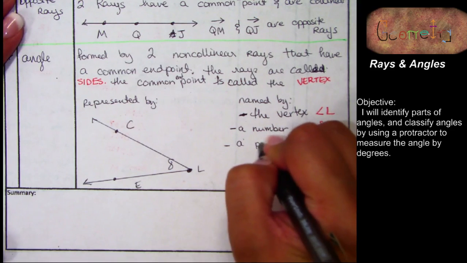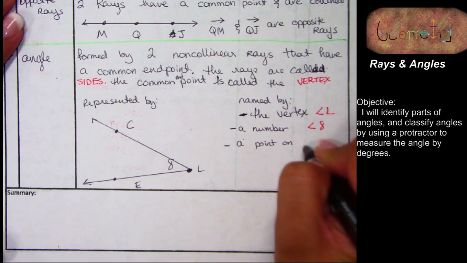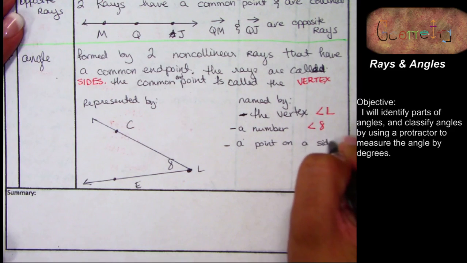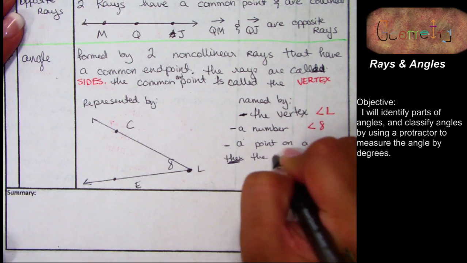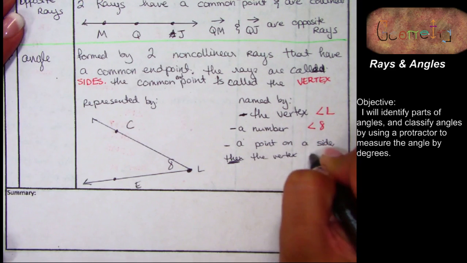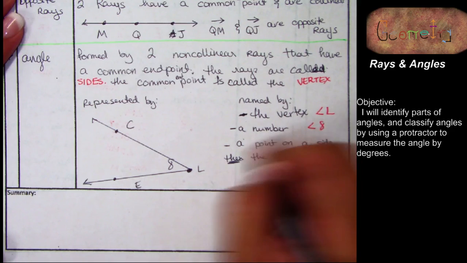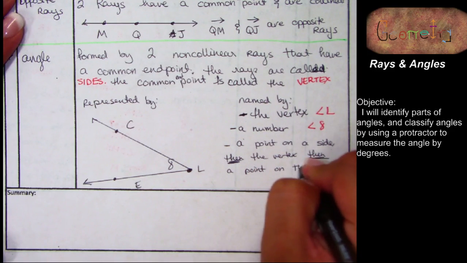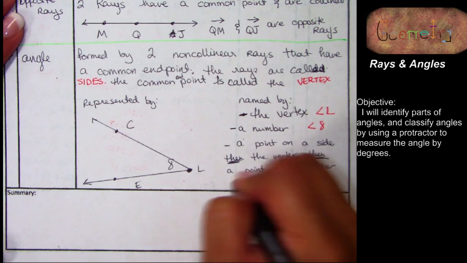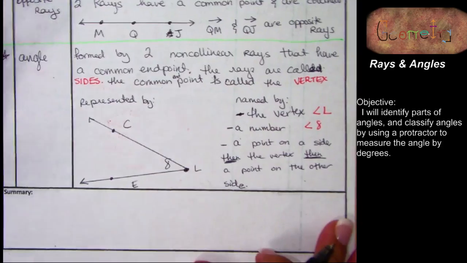You can name it with a point on a side, then the vertex, then a point on the other side. Bless you.